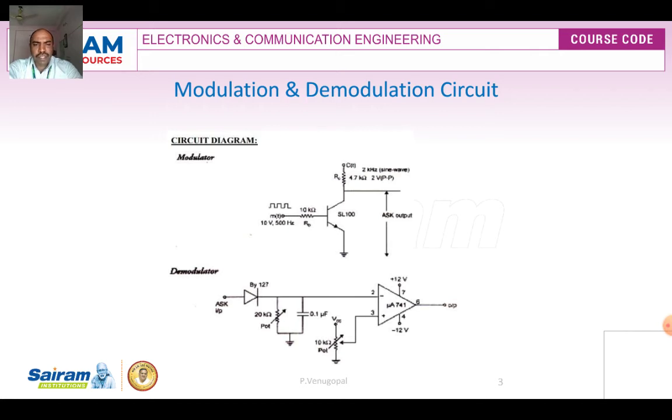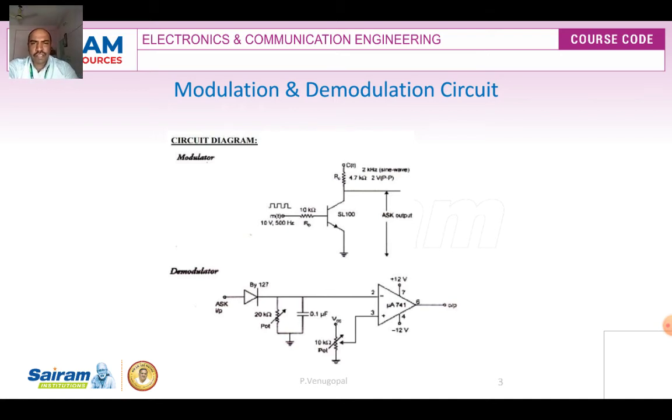If the obtained DC voltage is greater than the reference voltage, then a high signal is detected. Otherwise, a low signal is detected at the output of the demodulator circuit. Demodulation is the process of removing the carrier signal and recovering the original signal back from the modulated signal.